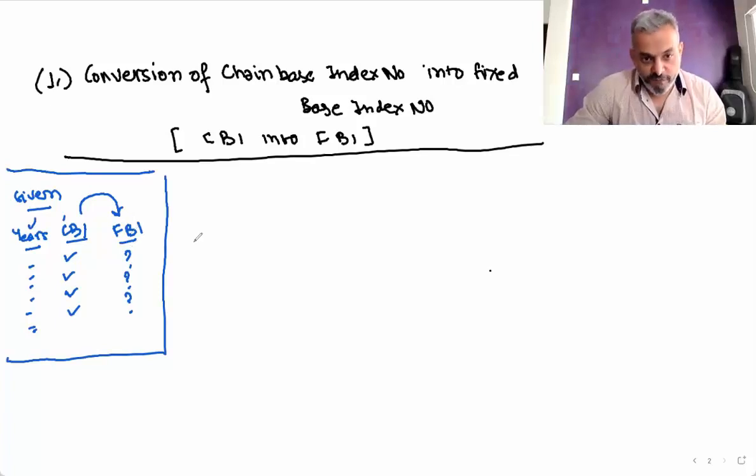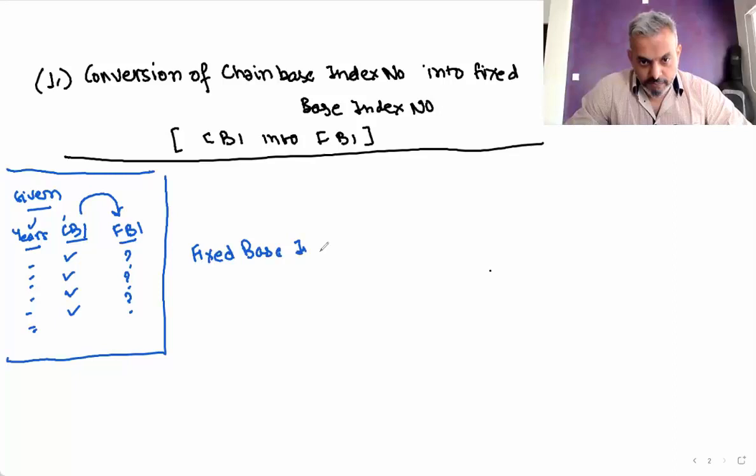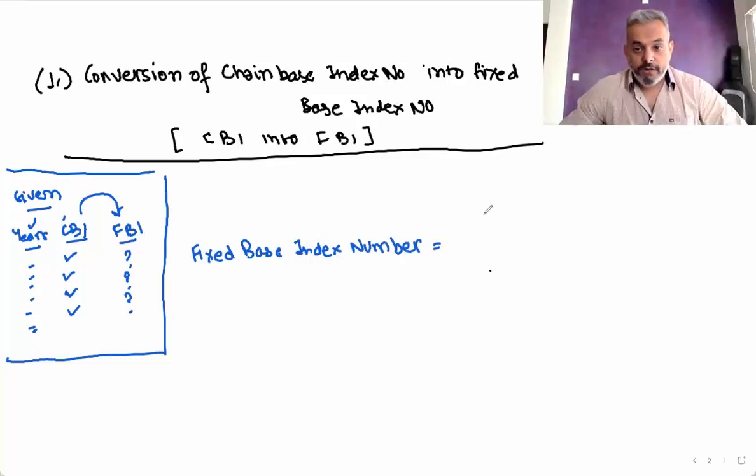So the formula is conversion of chain base into fixed base. So fixed base index number is equal to CBI. Now see here please.